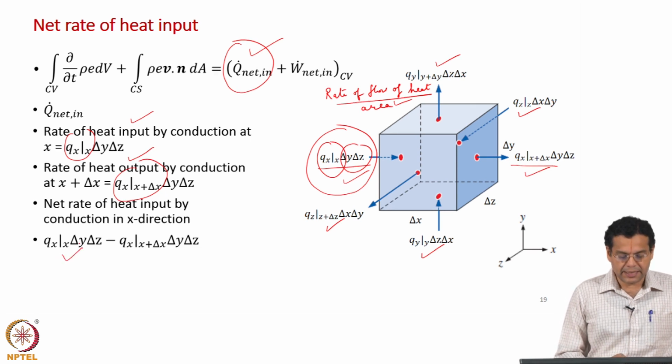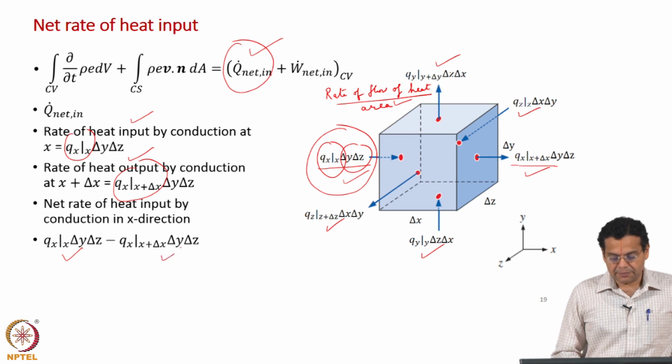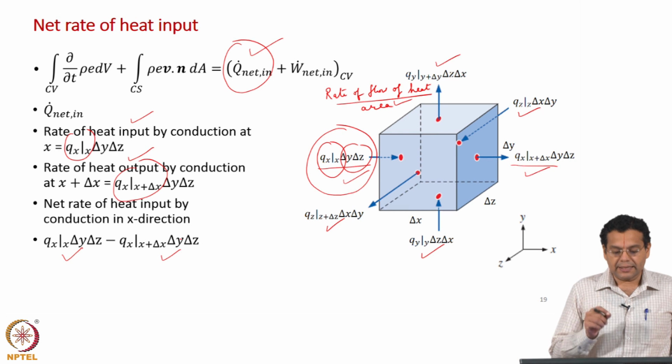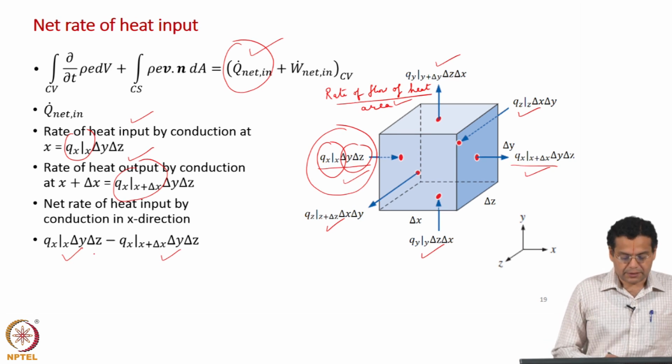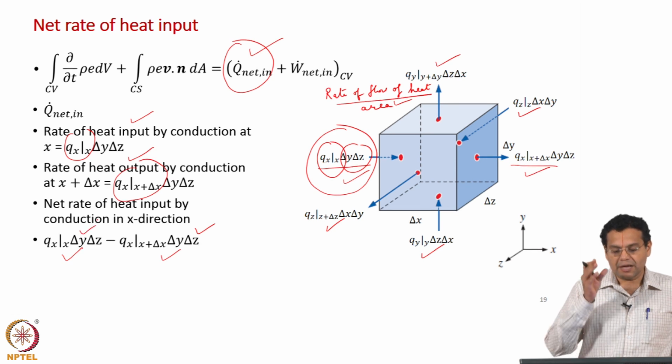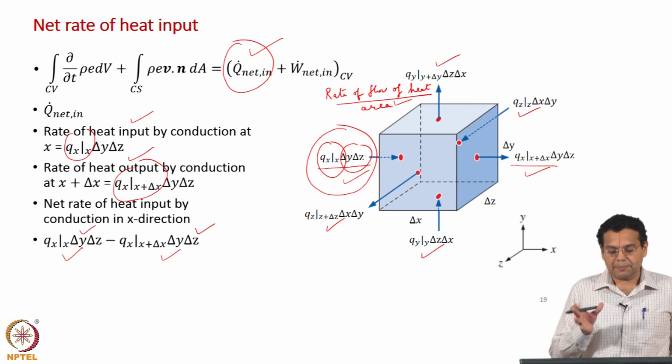This represents heat input, the second term represents heat output. What we want is net rate of heat input, that is why we subtract output from input. So, we have input minus output representing net input. This is in contrast to the convection term, which was outflow minus inflow. So, this has to be kept in mind.